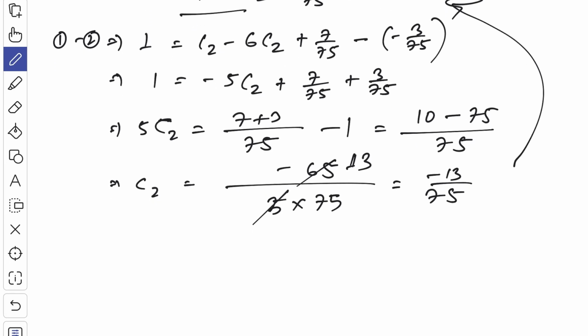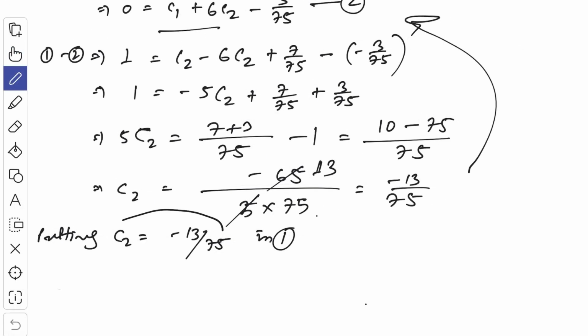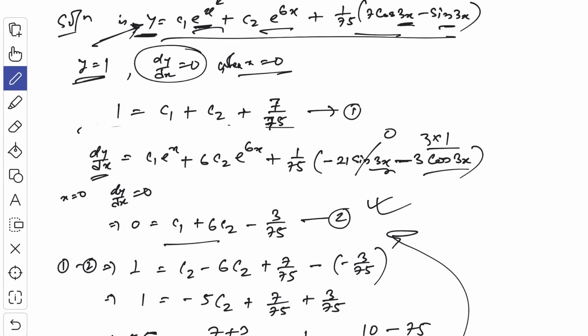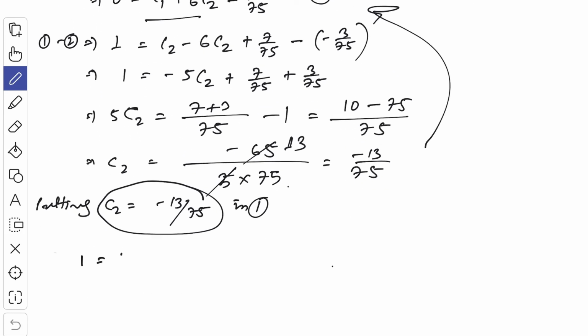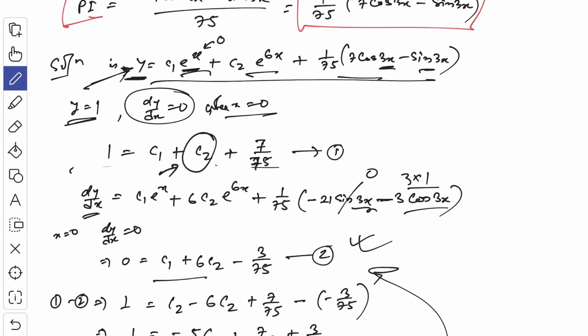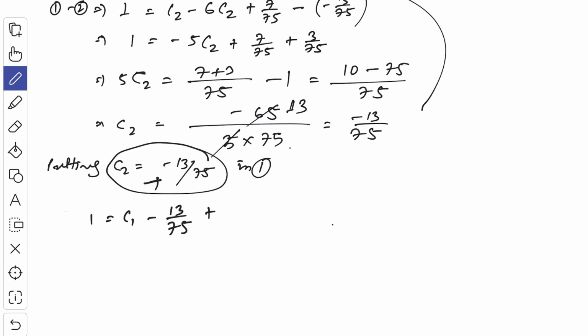So putting c2 is equal to minus 13 by 75 in 1, then what you will get, 1 is equal to c1 plus, as we have got minus 13 by 75, so let us write minus 13 by 75, then plus 7 by 75.